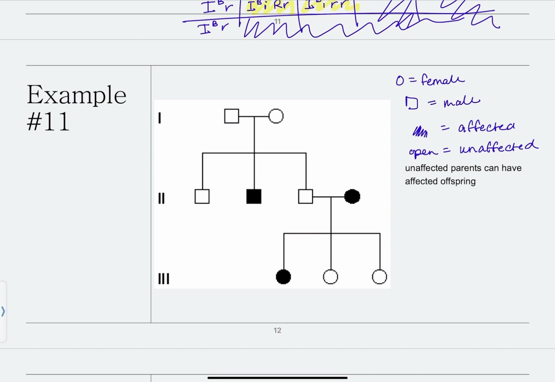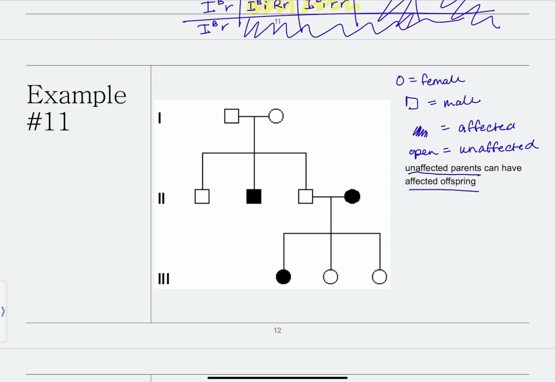So I'm going to pick one that doesn't look similar when it's capital and lowercase, so I'm going to pick R. Because all of our affected individuals, we're assuming that this is recessively inherited because we have a low population in the pedigree. Another way to tell that you're dealing with a recessively inherited trait is that unaffected parents can have an affected offspring.